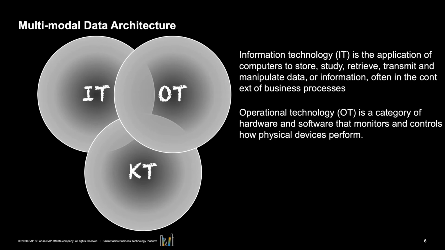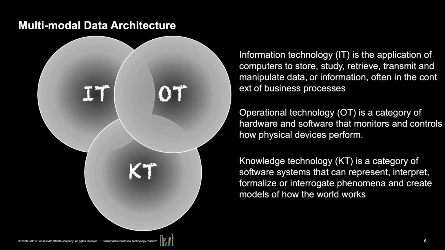Secondly, we have the operational technologies, or OT, which is a category of hardware and software that monitors and controls how physical devices perform, typically sensors, probes, monitoring tools. And finally, the knowledge technologies, or KT, which is a category of software systems that can represent, interpret, formalize, or interrogate phenomena and create models of how the world works.